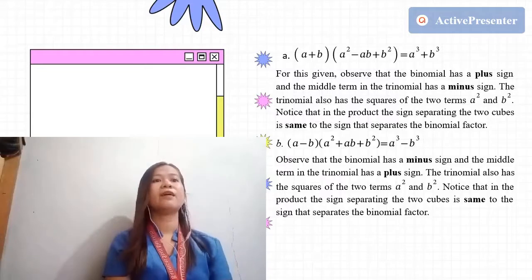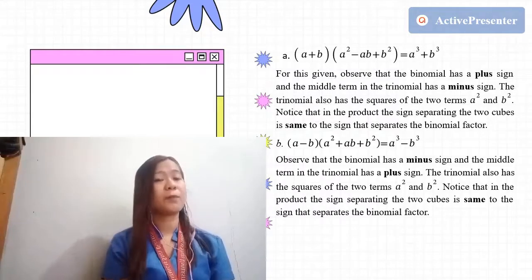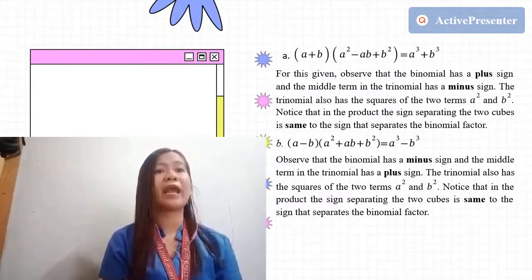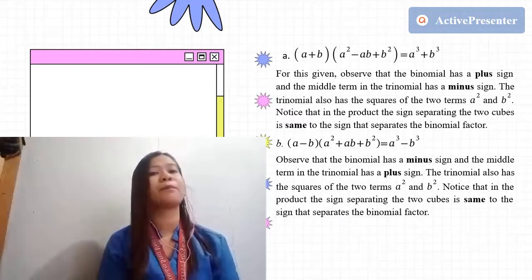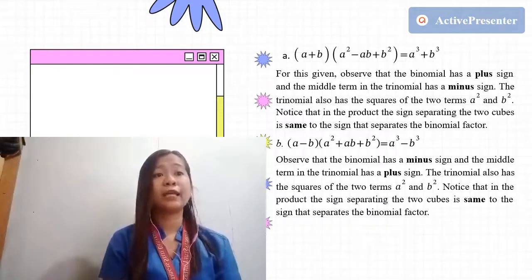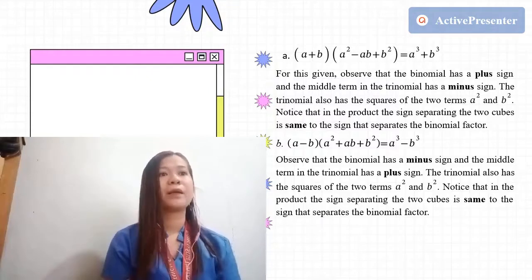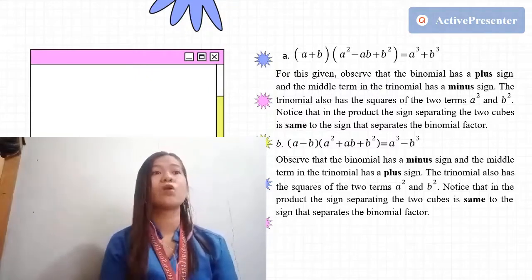Okay, next one. Number 2, let us observe. We have a minus b times the trinomial a squared plus ab plus b squared, which is equal to a cube minus b cube.